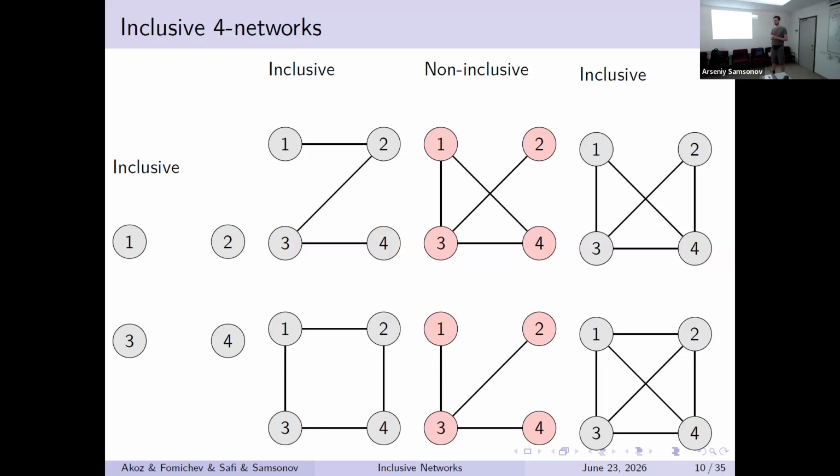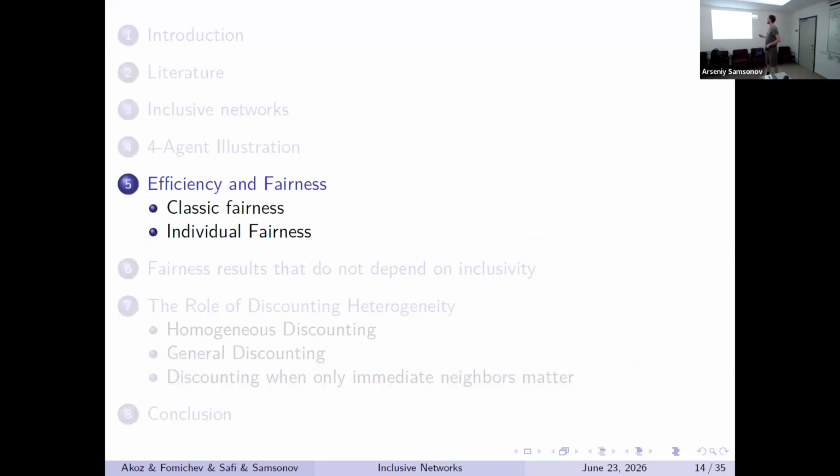In a sense, yes, but it's just a name. We were just too modest to call it Samsonov, Fomichev, Shahir and Safi networks.